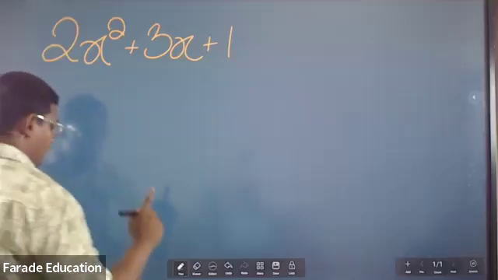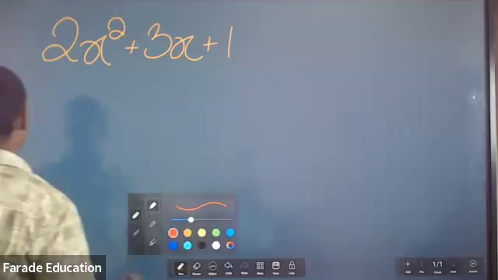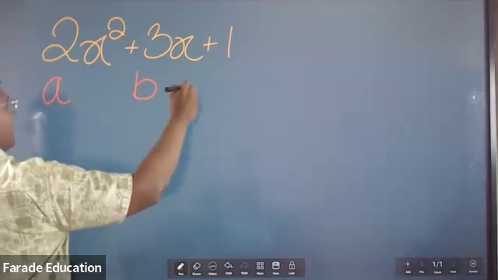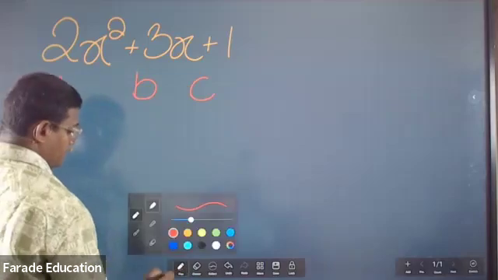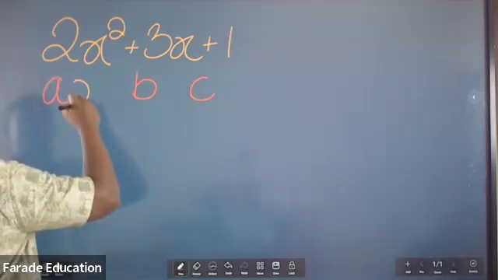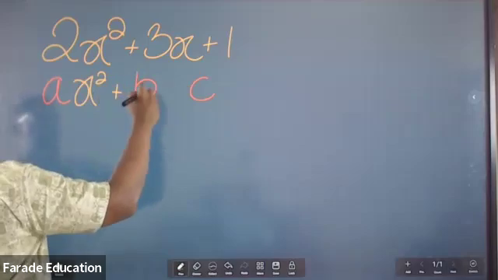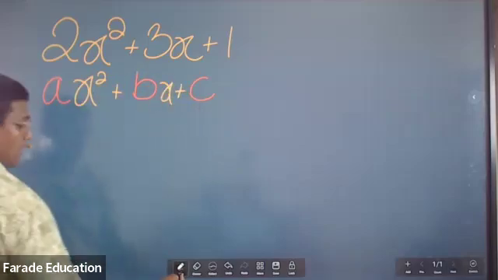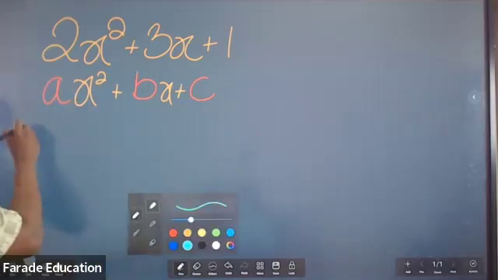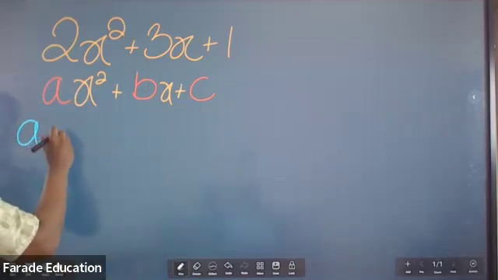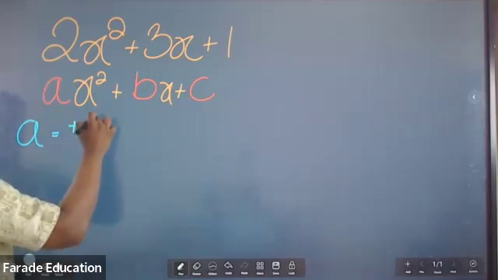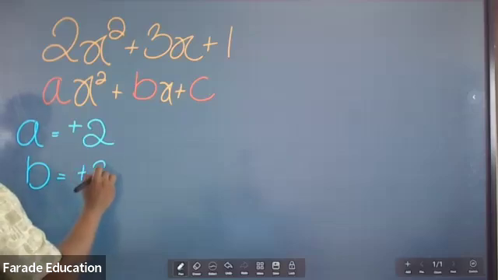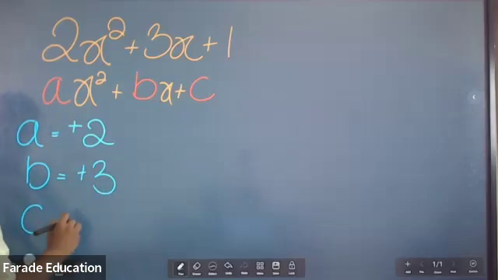Okay. The first step, I need to convert this to ax squared plus bx plus c format. Clear? I need to identify what is a, b, and c. What is the value of a? Plus 2. What is the value of b? Plus 3. What is the value of c?